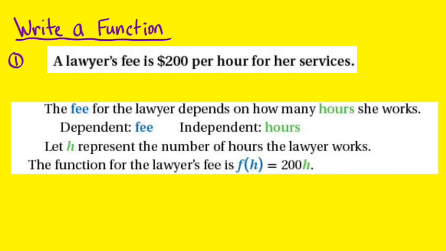So we would write the function for the fee of f of h, or the function of the hours, which we also know is the y, the combination. How many hours, how much is it going to cost, is going to be $200 an hour, right? So that's how much the fee is going to be.